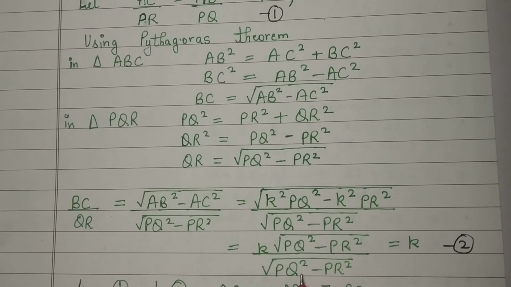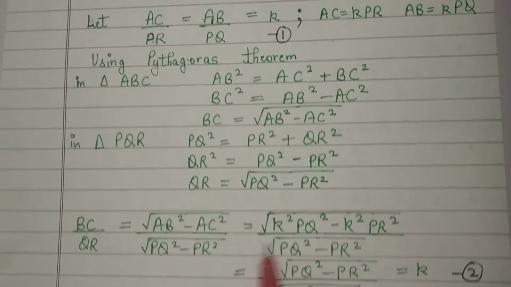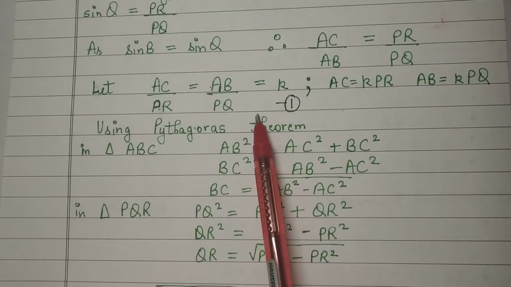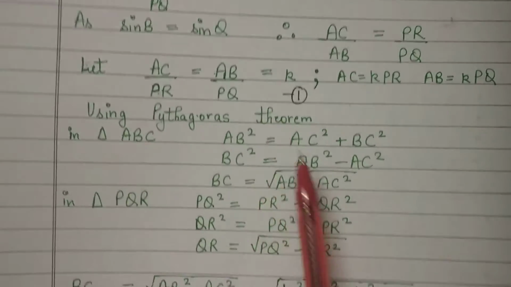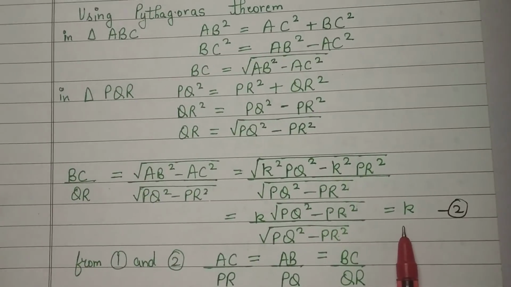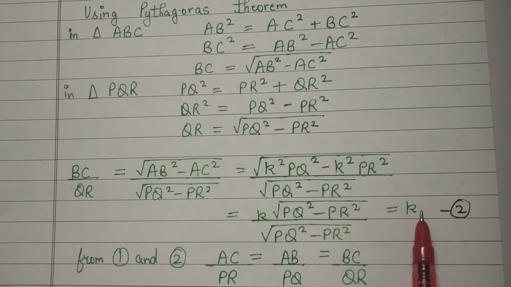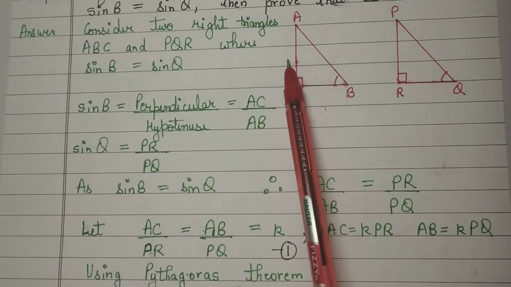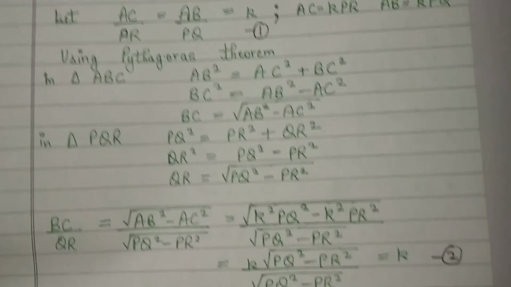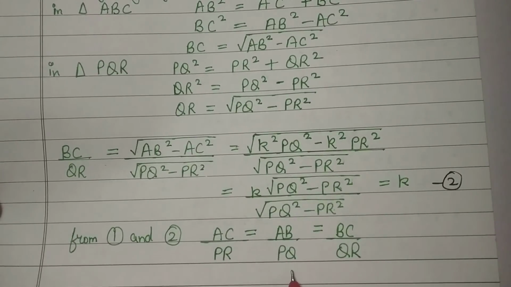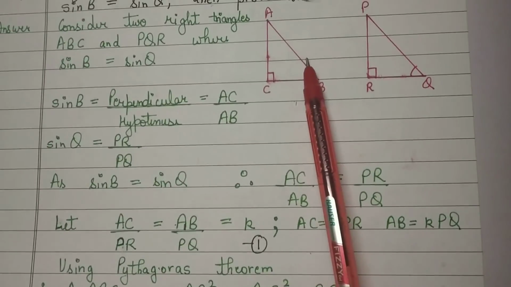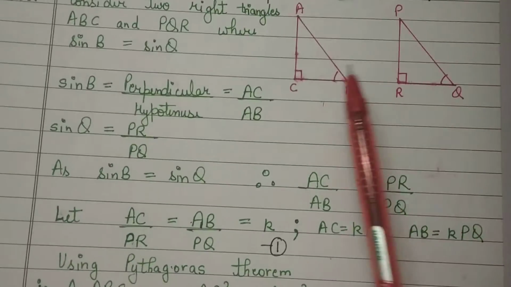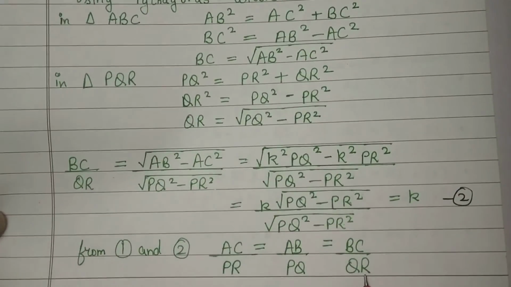Now this and this can be cancelled out, and I have got K. Now from this equation I have taken it as K, and this equation that BC by QR is K, I can write as ratio of AC by PR, AB by PQ, and BC by QR.